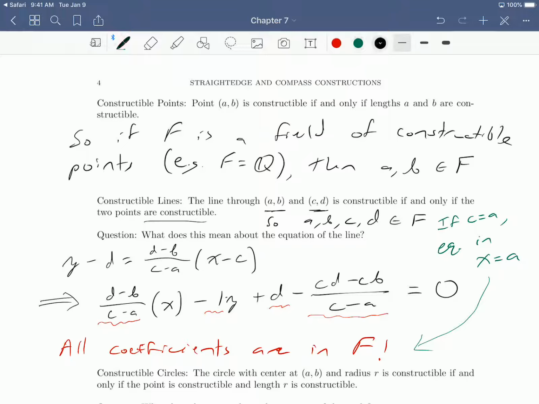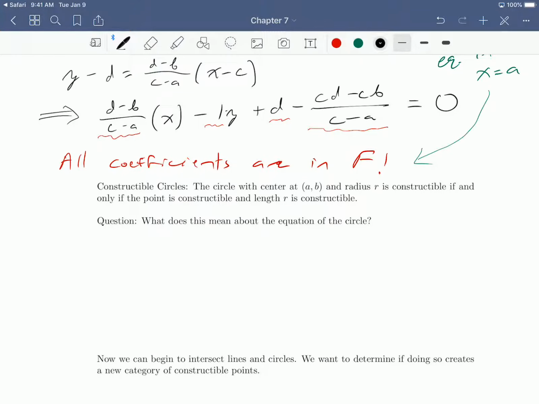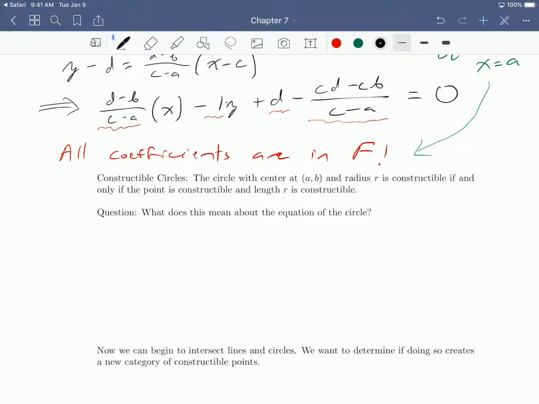So what we know now is that if a point is constructible, the x-coordinate and the y-coordinate are constructible real numbers. If a line is constructible, all the coefficients of the line are in the field, so they're constructible numbers. For circles, we use a constructible point (a, b) and a constructible radius r, which gives us a constructible circle. Again, we want to know what this means about the equation of the circle.